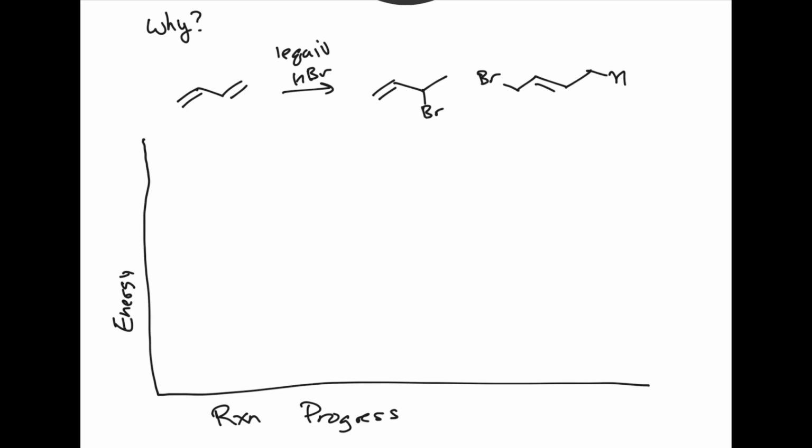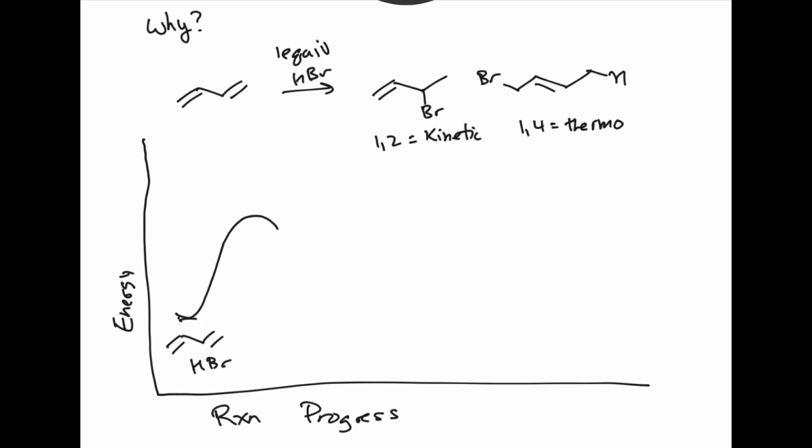So for us, the 1,2 product is always going to be the kinetic product. We're going to just assume that's going to form faster. And the 1,4 product is going to be our thermodynamic product. We're going to assume that product is always more stable. So if we look at our reaction coordinate diagram, we have our starting materials over here.